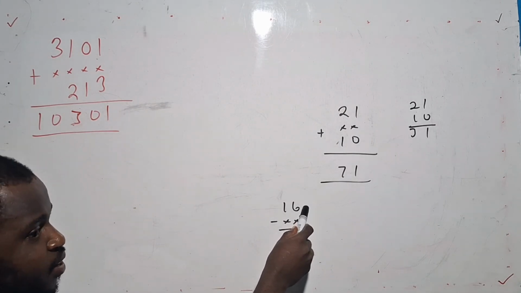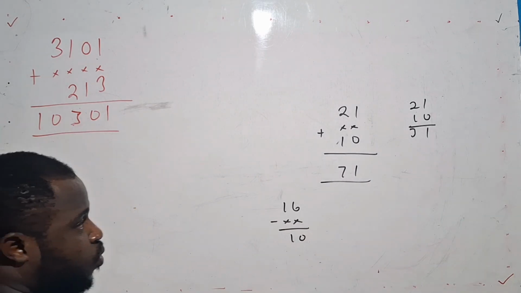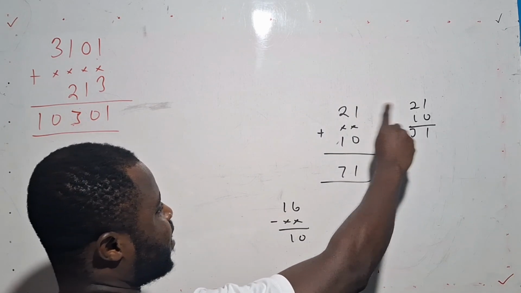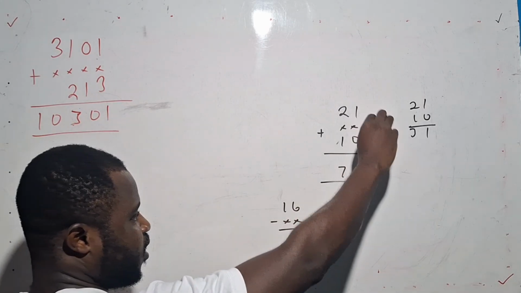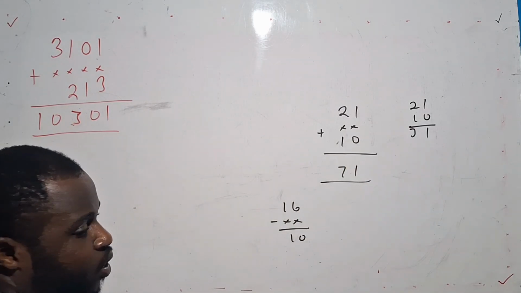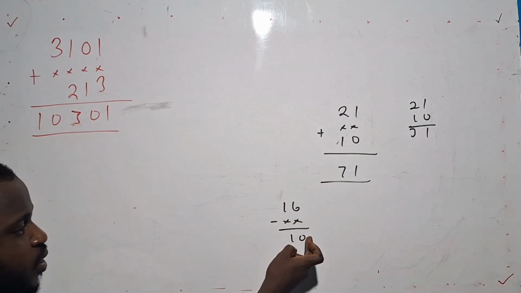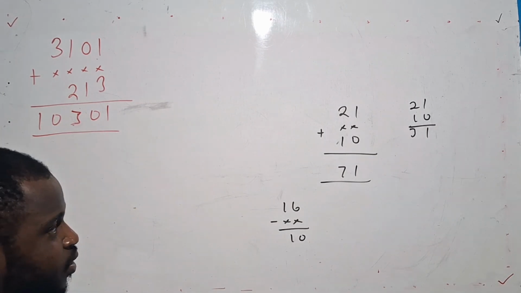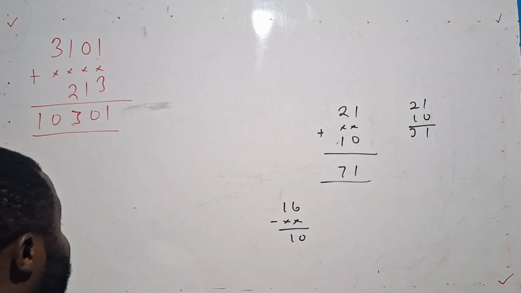Then you get the answer. But with this one, what you have to do is add, then subtract the answer you get here from the one down here. But with that one, we subtract this answer from this one to get our answer. So that's the difference between the addition and subtraction.